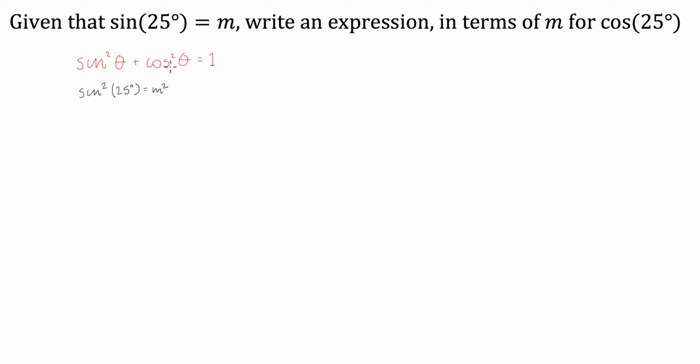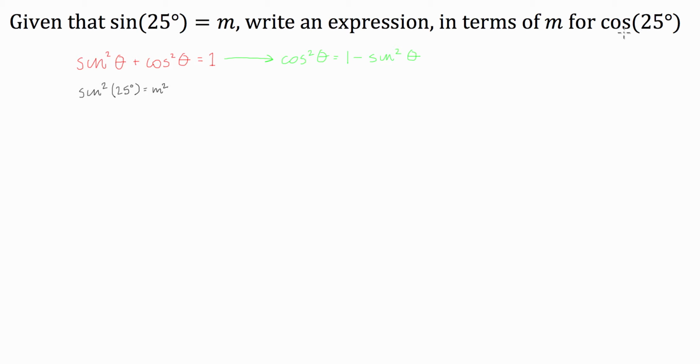This looks a lot like it could slot straight into here. So I'm going to rearrange the Pythagorean identity. If I rearrange this in terms of cosine, I get cosine squared theta is equal to 1 minus sine squared theta.